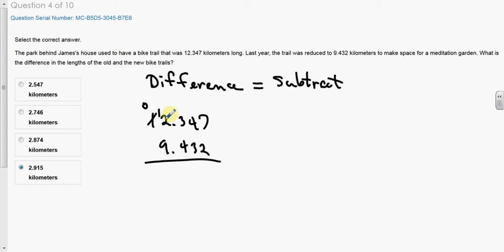That leaves the 12. Then I take a 1 from the 12. That leaves an 11. And I add that 1 to this 3. So 7 minus 2 is 5. 4 minus 3 is 1. 13 minus 4 is 9, period. 11 minus 3 is 2. And so we have 2.915 kilometers.